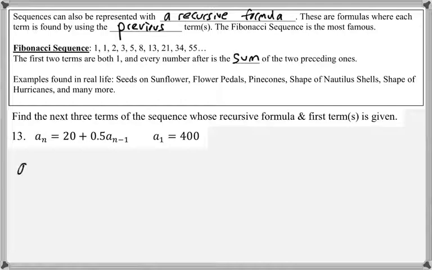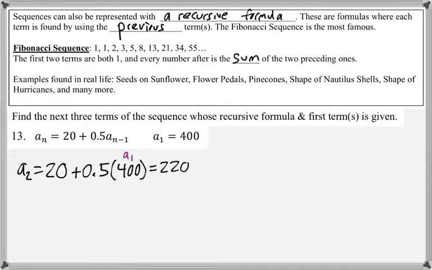So a2 is equal to 20 plus 0.5 times a_(n-1), which would be a1, or 400. So this is my a1. And if you calculate this, you get 220.